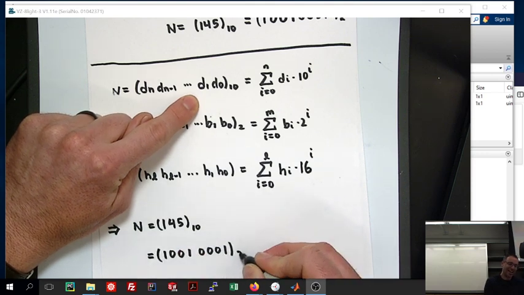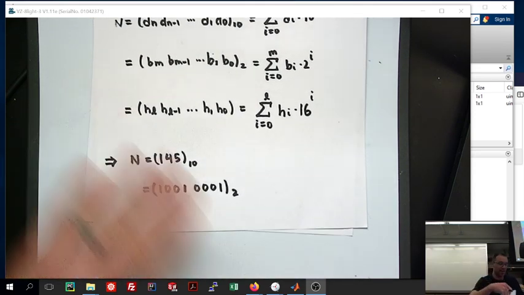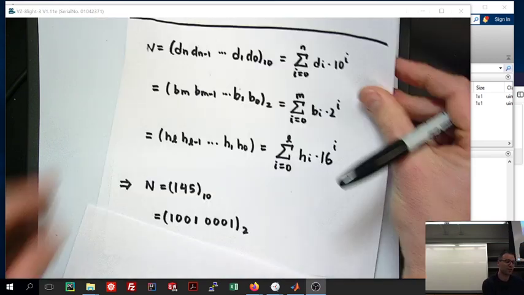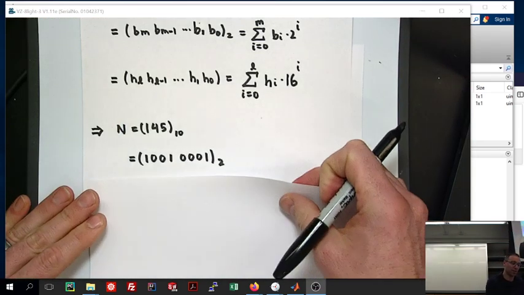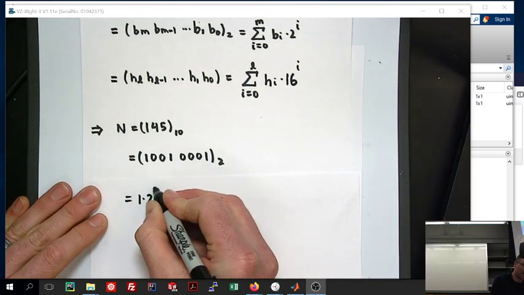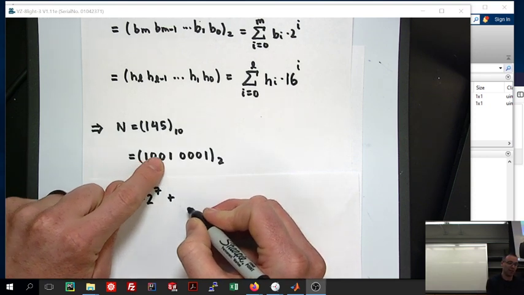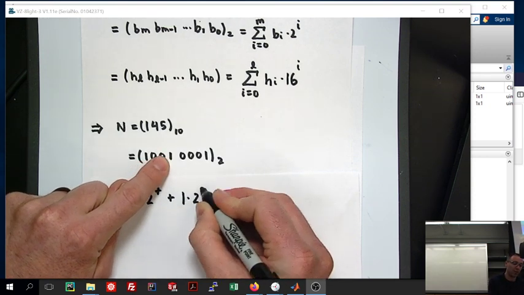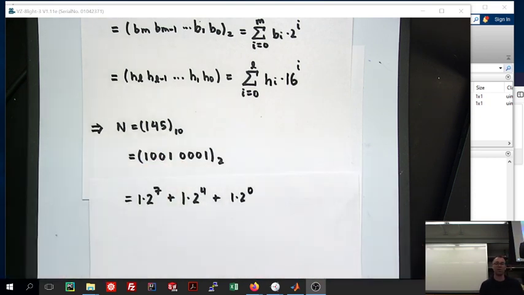When I see that string, one of the first things that I think about is powers of 2. The binary representation of this: I'm going to have 1 times 2 to the 7th plus 1 times 2 to the 4 plus 1 times 2 to the 0.